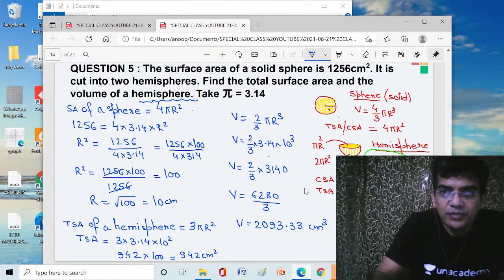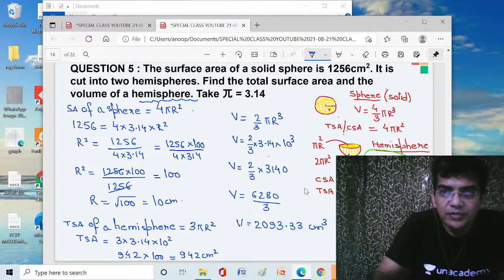So see, the rough sketch shows that this is the dome of a building which is in shape of a hemisphere like this. A dome of a building is in the form of a hemisphere. Now they say from inside it was whitewashed at the cost of, and this is the rate given to you. Find the inside surface area and then the volume.